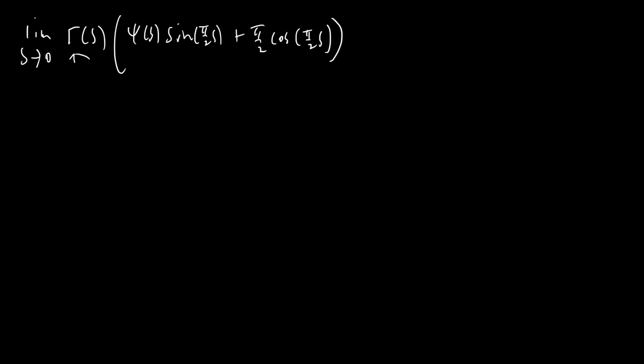But this is easily remedied because we can rewrite gamma of s as gamma of s plus 1 over s, because we know that s gamma of s is equal to gamma of s plus 1. And then we can go ahead and factor this out, and this is just going to go to 1. So it's not going to end up mattering.